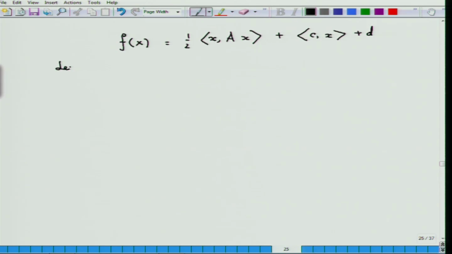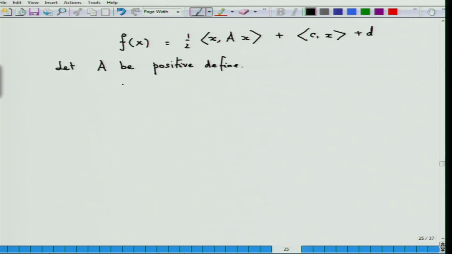Now let A be positive definite. So, this is a quadratic problem. So, it is of course differentiable, not only differentiable, it is twice differentiable.